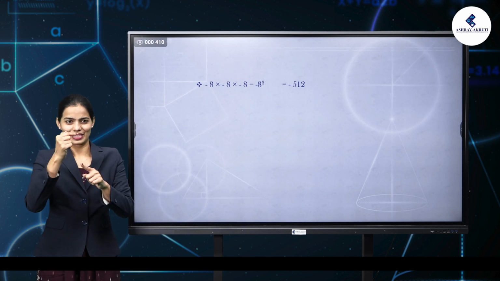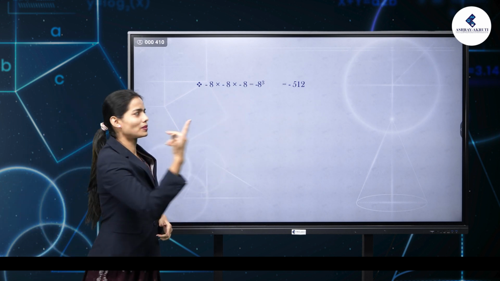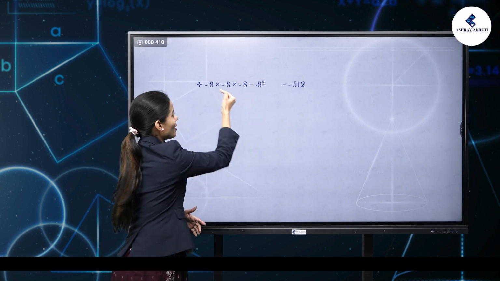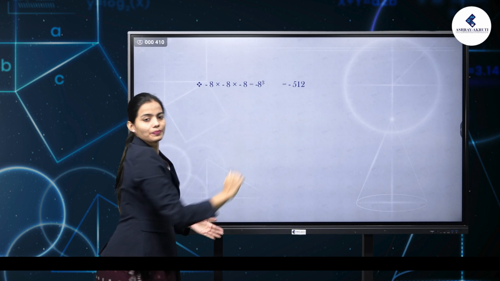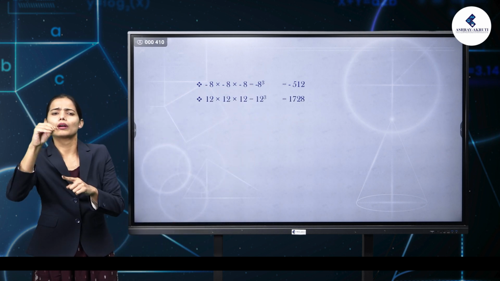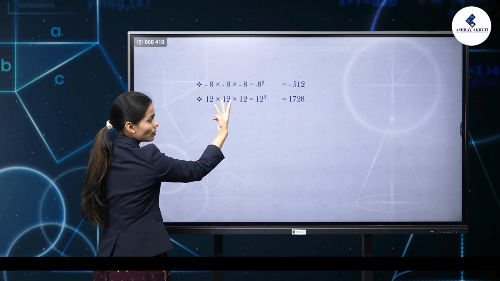Minus 8 into minus 8 into minus 8 is equal to minus 8 cube is equal to minus 512. 12 into 12 into 12 is equal to 12 cube is equal to 1728.